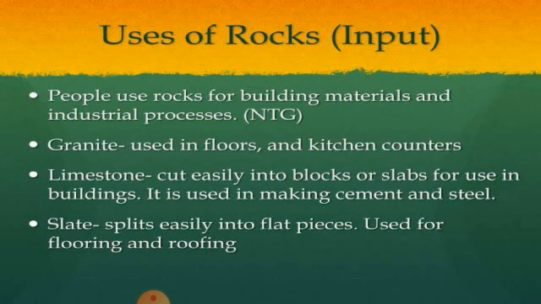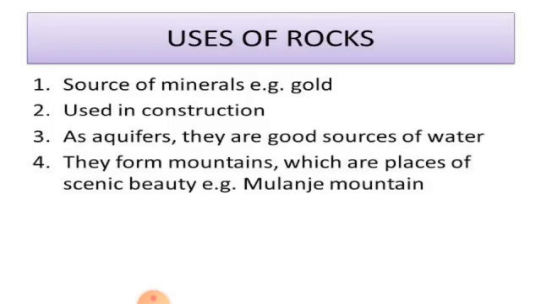Another rock, limestone, can be cut easily into blocks or slabs and is used in buildings. It is also used in making cement and steel. Slate can split easily into flat pieces and it is used for flooring and roofing.